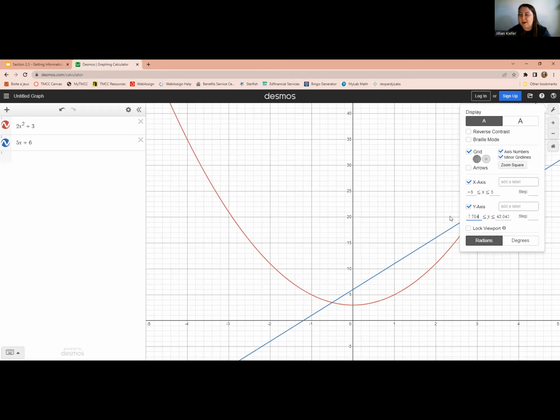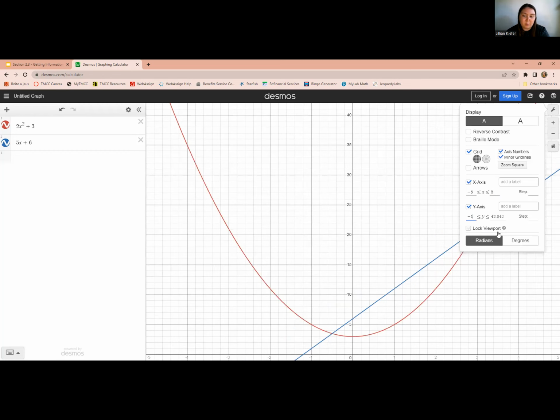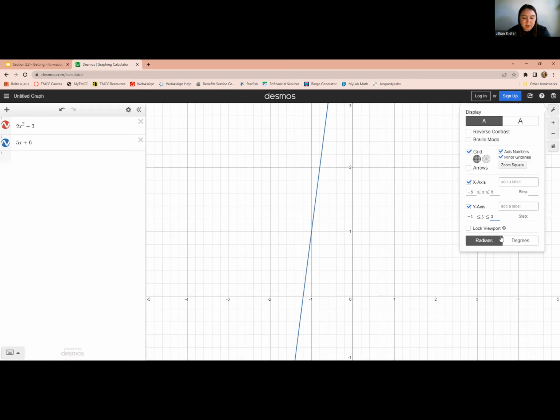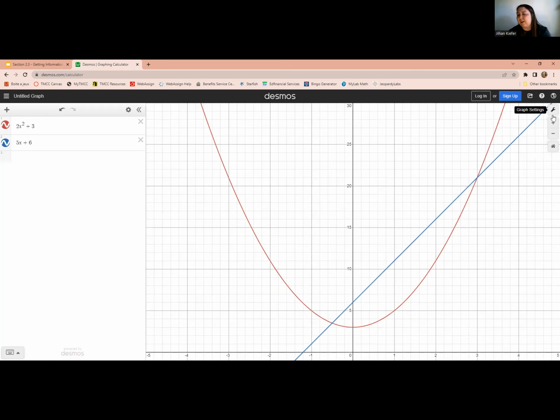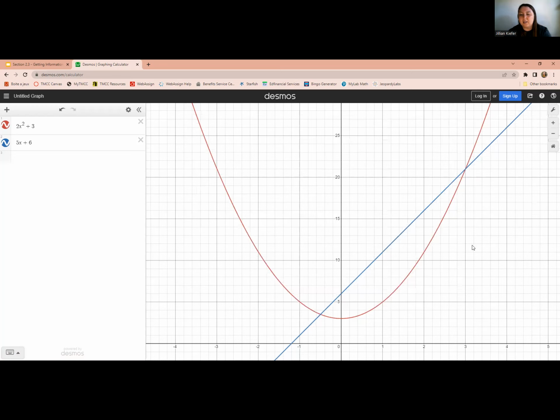So we're going to change our y-axis to go from -1 up to, let's say, maybe 30. We could probably even do 25 if we wanted, but that's okay. We're going to keep it like this. So we rescaled our graph a little bit just so we have a much better view of what we're looking at, because it's going to make everything easier.